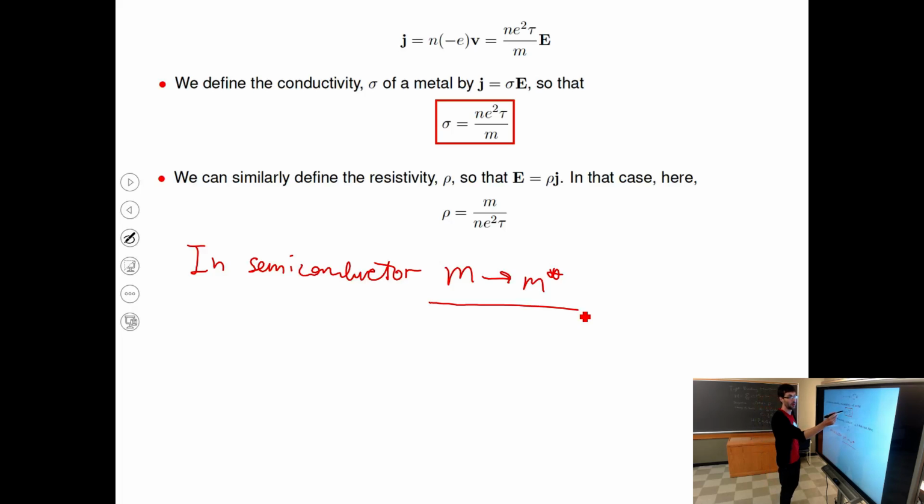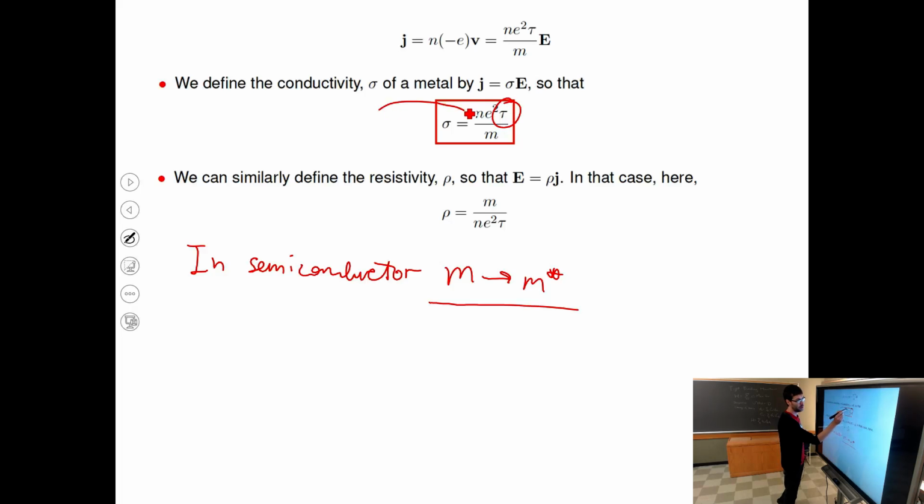Now, let's suppose this is just the electron mass, or the mass for this particular material. It doesn't really change from one chunk of material to the other. Then in principle, by measuring conductivity, you can learn this parameter. It is in this formula, so you could just extract it from the experiment.